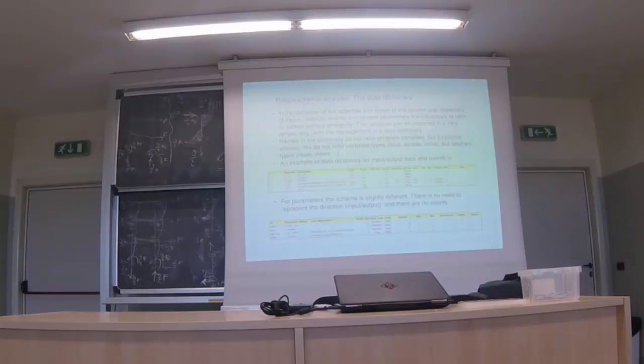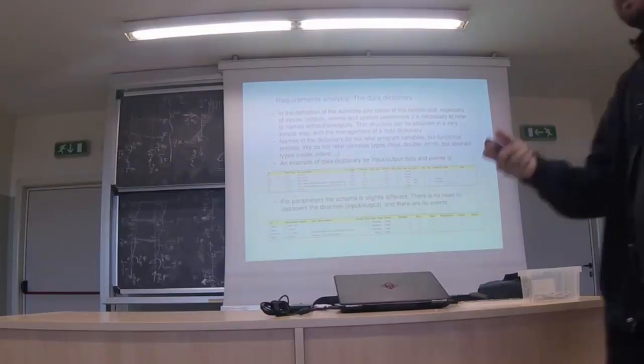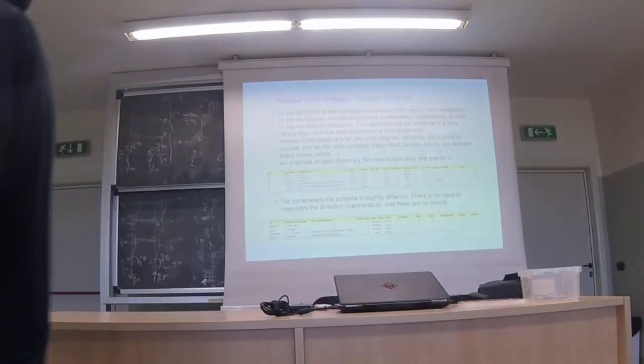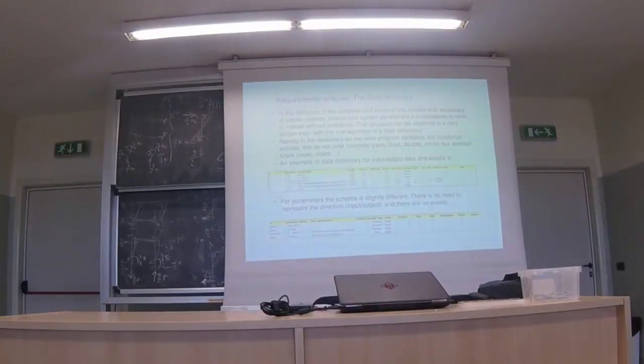Data dictionary. In the definition of our case studies, we can also have the activities and the states of the system. And for different kinds of inputs and outputs, we need also the parameters necessary to refer to them without possible ambiguity, because we can always end up using the same name for different things. Also, we should avoid having the same name.